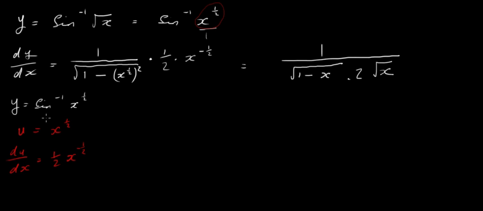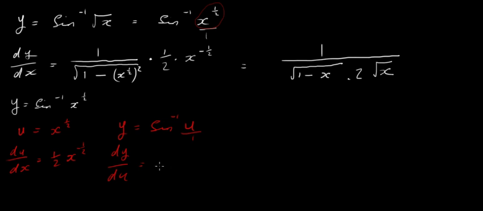Now if u is equal to x to the power of a half, that will give me y is equal to sine inverse u. I'm replacing the x to the power of a half here with u. That will give me dy du is equal to, now I can apply the rule directly here. I have a u over 1, so I don't have to worry about a chain rule for this particular part.